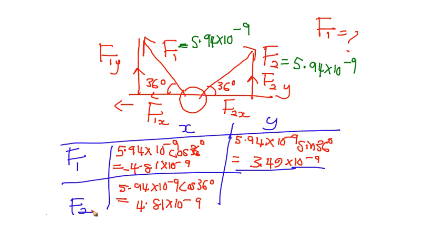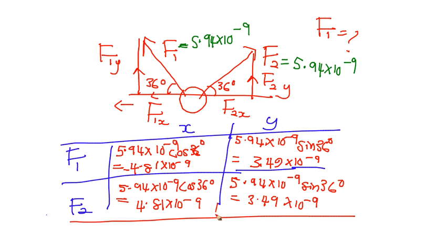F2 resolved to the y: F2 is 5.94 exponent minus 9 times sine 36. So this is equal to 3.49 exponent minus 9.